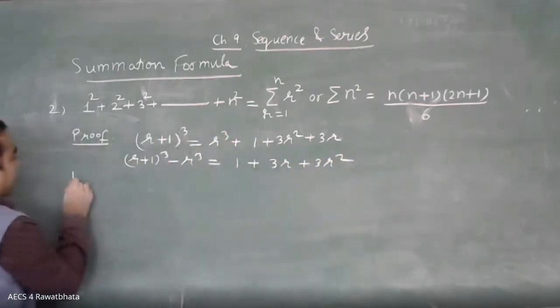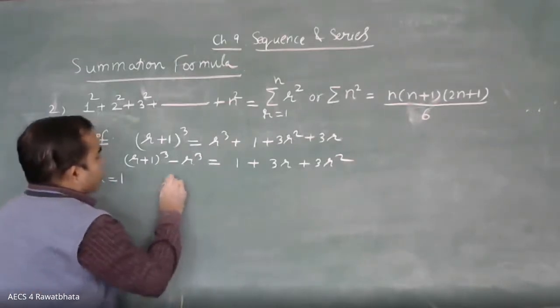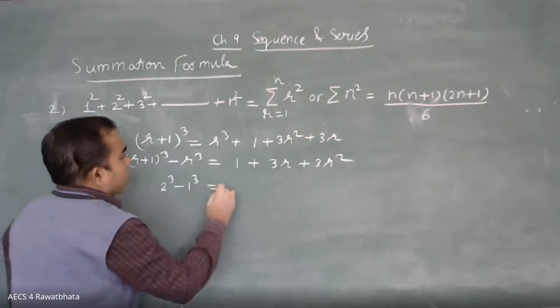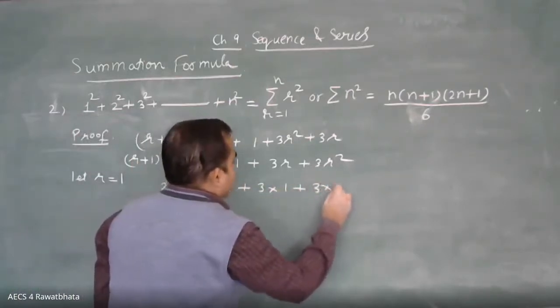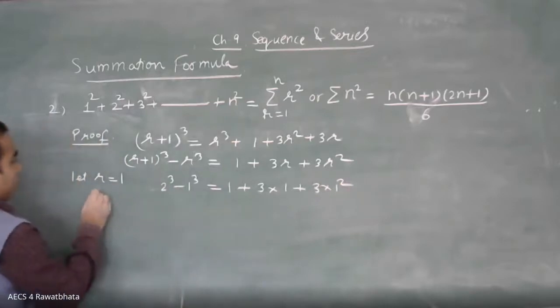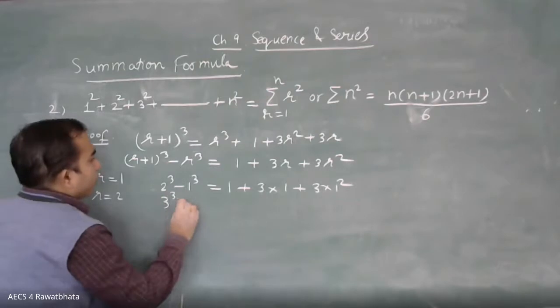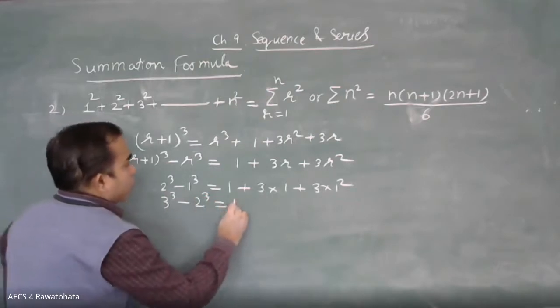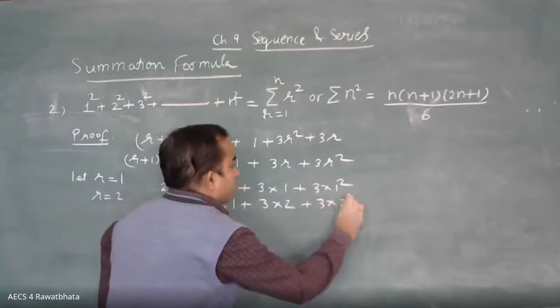Now you put r equal to 1. And this will become 2 cube minus 1 cube equal to 1 plus 3 into 1 plus 3 into 1 square. Then you put r equal to 2, then this will become 3 cube minus 2 cube equal to 1 plus 3 into 2 plus 3 into 2 square.